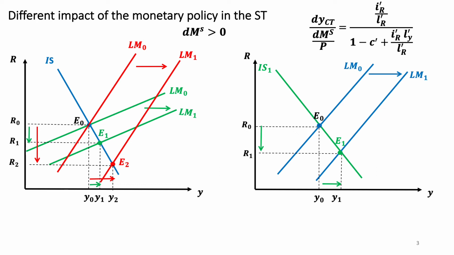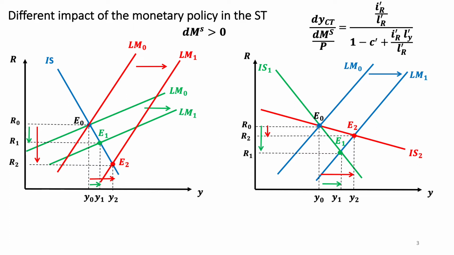If we now start from E0, but with an IS curve relatively flat, the decrease in the interest rate necessary to come back to the equilibrium will be quite low because the investment is very sensitive to the interest rate. Yet, this low decrease will trigger a large increase in investment and so in demand.